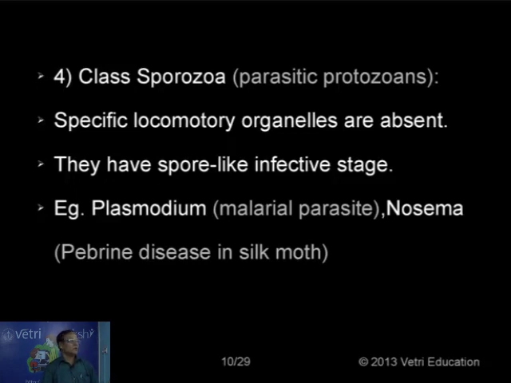At the same time it also damages sericulture by causing a disease in the silk moth, namely Pebrine disease. So Pebrine disease in the silk moth and Nosema disease in honeybees. These are some of the parasitic protozoans we have.